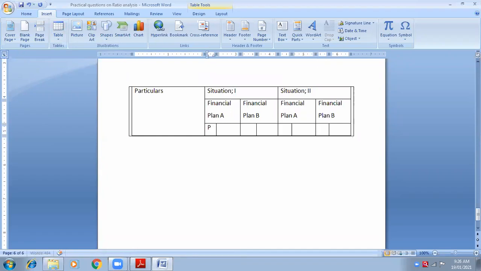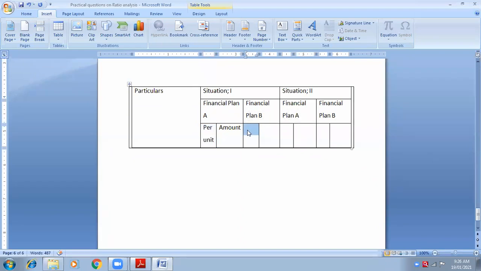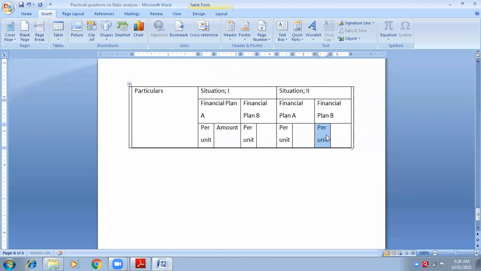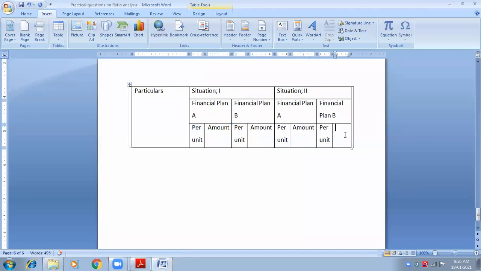So here the per unit column will be made. First column will be per unit and then you will make the amount column. Again per unit and then again amount. See, this is how you are going to make it. Is it clear, everybody? Yes, ma'am.